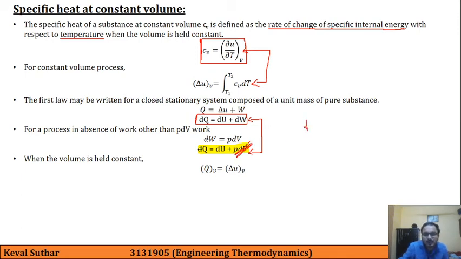So we are simply left with d cut Q is equal to dU. Then once we integrate this equation, we will get this formula, that Q at constant volume is equal to delta U at constant volume.